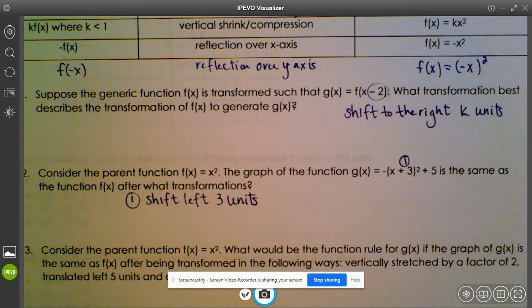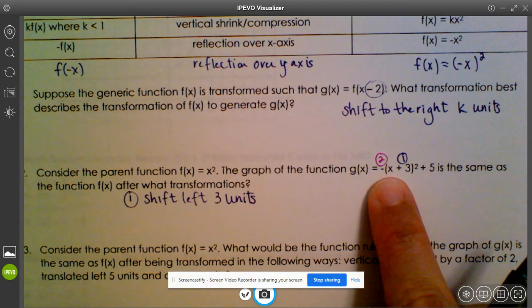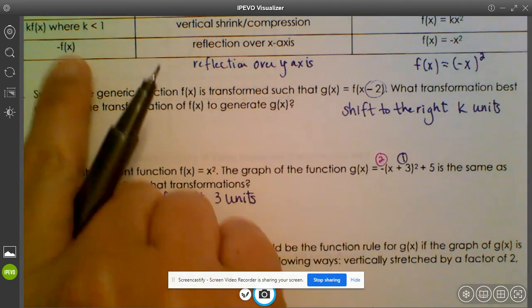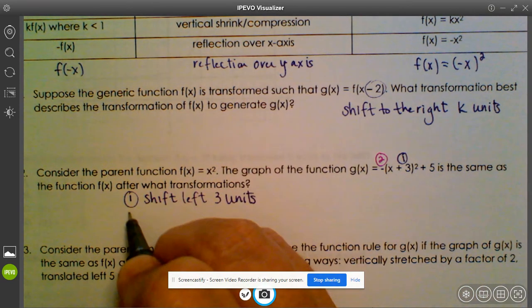Then what is the next operation that's happening? Well, they're taking the negative here, and they're taking the negative outside the function, which looks like this. So we're going to make a reflection over the x-axis.